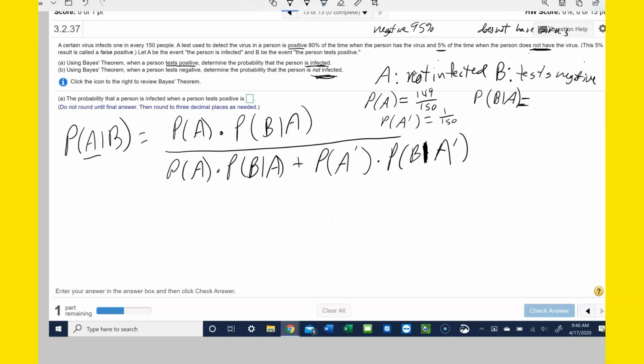If they don't have the virus, they test positive 5% of the time. That means they're going to test negative 95% of the time. That's 0.95. All right, I think I'm ready to roll here.